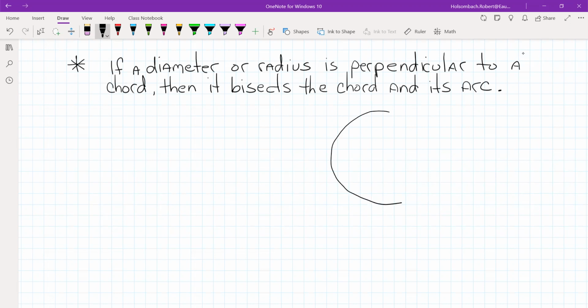So in a circle, if a diameter or radius, a diameter is a chord that goes through the center. So if we label this AB and it goes through point C, it's a diameter.